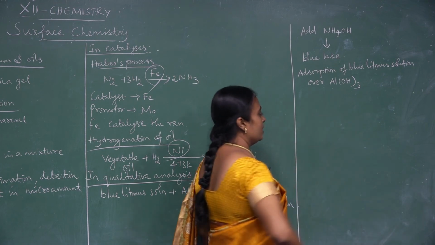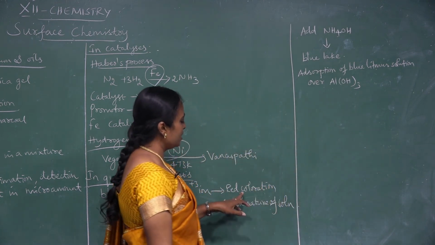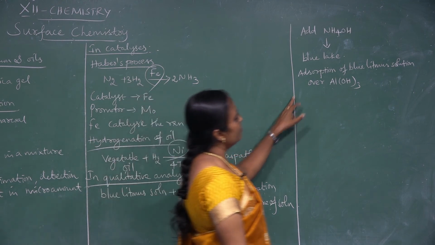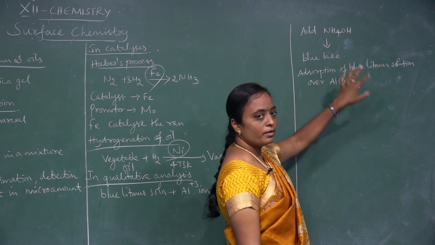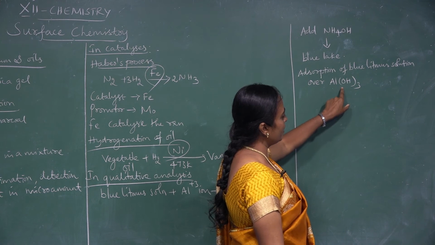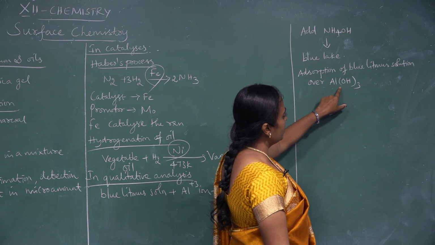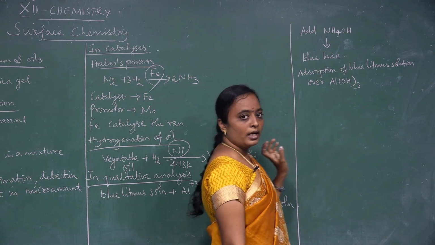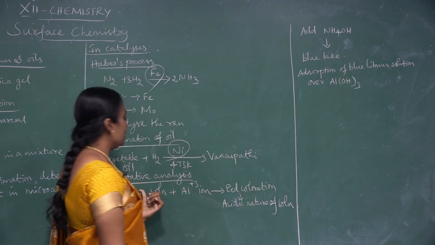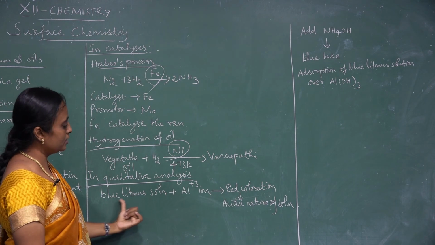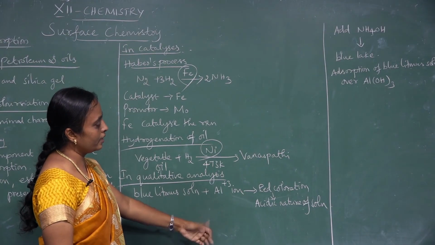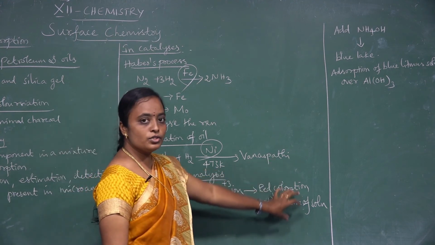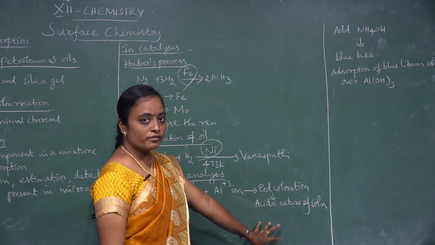How is this aluminium hydroxide formed? In the red coloration we have the aluminium ion. That aluminium ion reacts with ammonium hydroxide, and we get aluminium hydroxide, which is blue in color. So whenever we take a blue litmus solution and add a trivalent cation, aluminium, we get a red coloration due to the acidic nature of the solution.